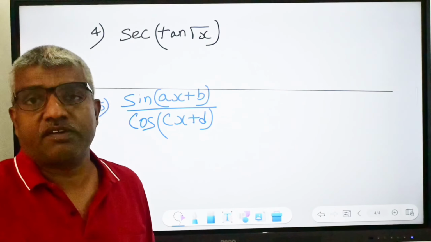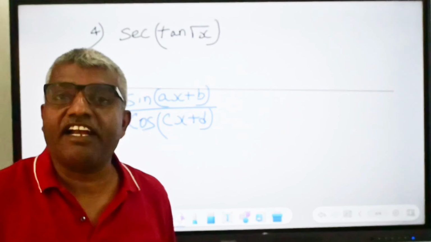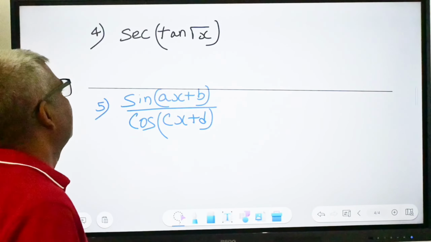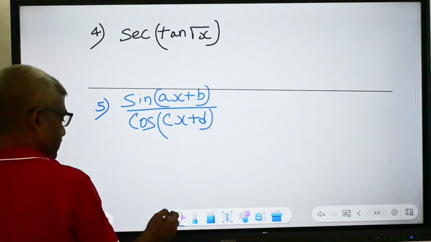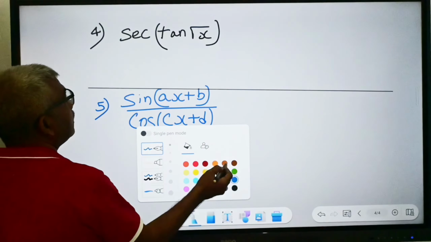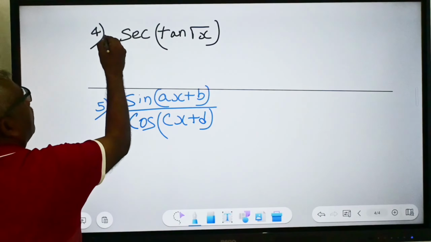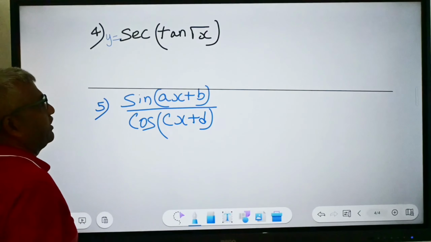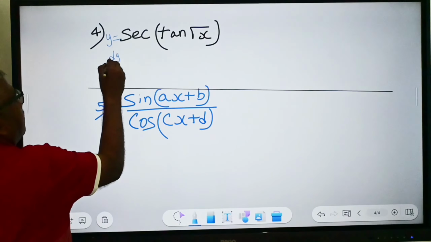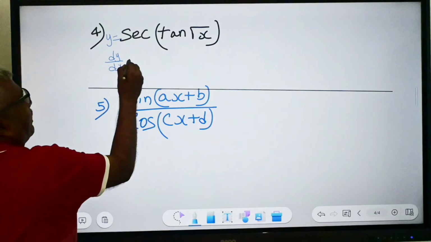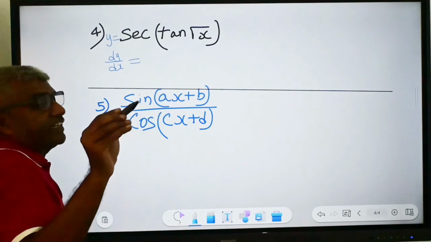Now question number 4 is secant(tan root x). Let y equal to secant(tan root x). dy by dx: first differentiate secant, which is secant x tan x.